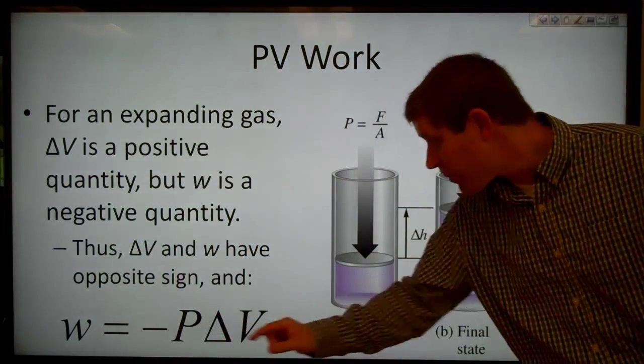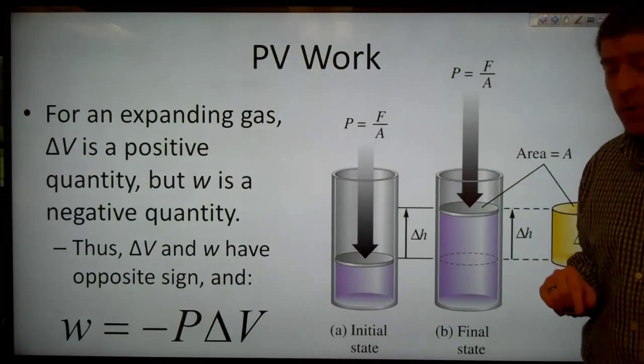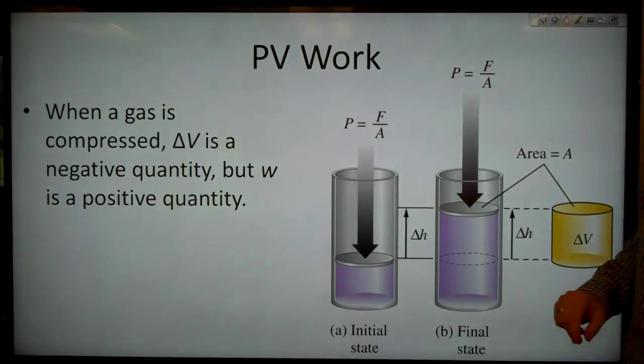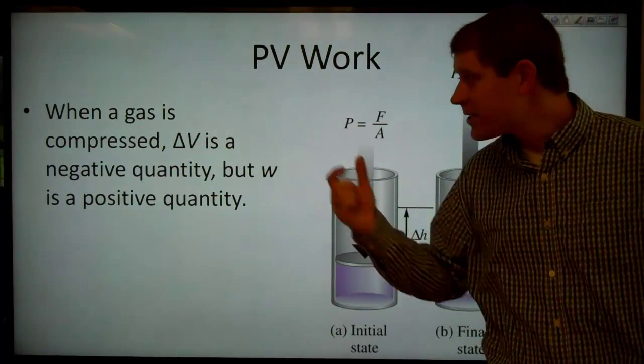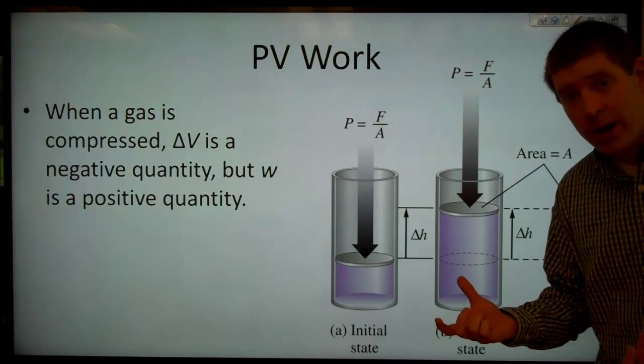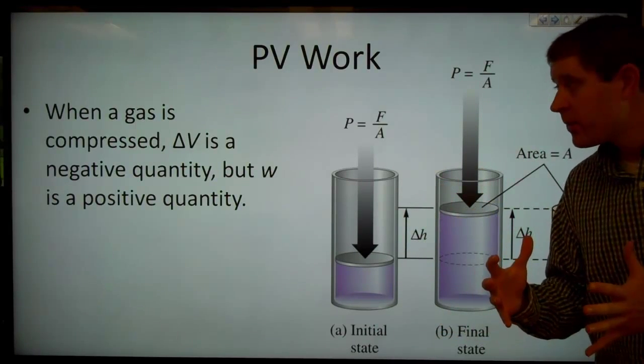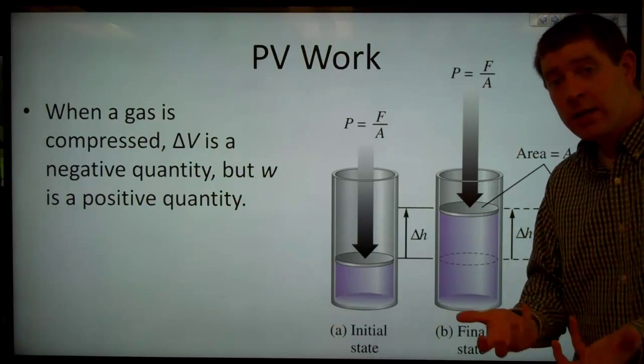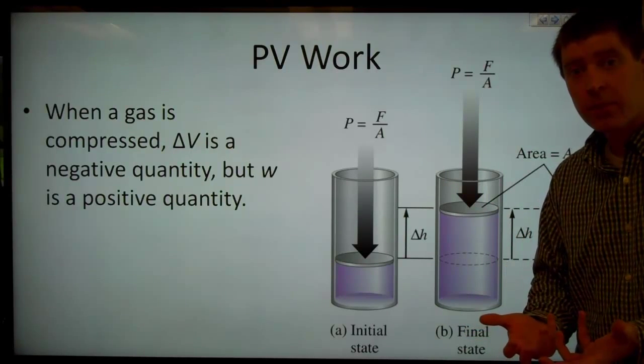Again, that P, that pressure, is the pressure being exerted on the piston from the outside, not from the inside. So when a gas is compressed, delta V is a negative quantity, but W is a positive quantity. When we compress the gas, the work done on the system is positive.